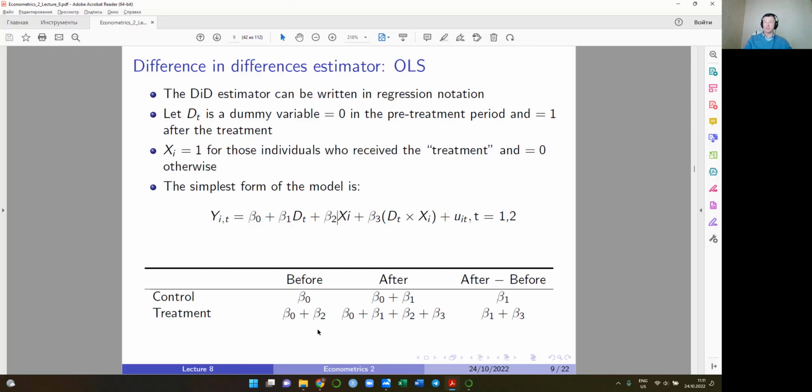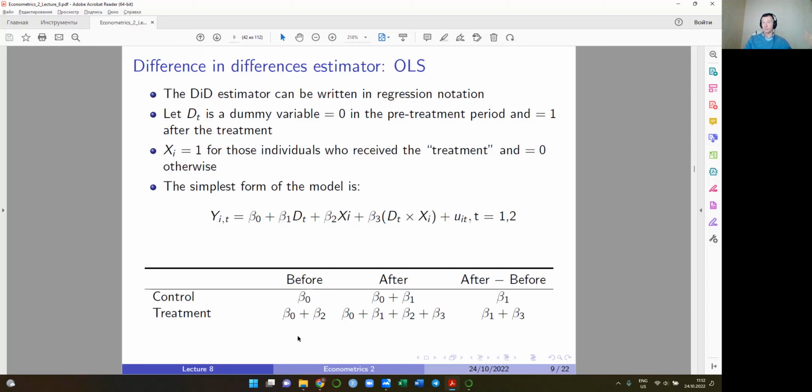What is the expected value for the treated group after? This is the sum of all betas: beta 0, beta 1, beta 2, beta 3, so all these dummy variables are 1s. What's the difference after minus before? It's beta 1 plus beta 3.